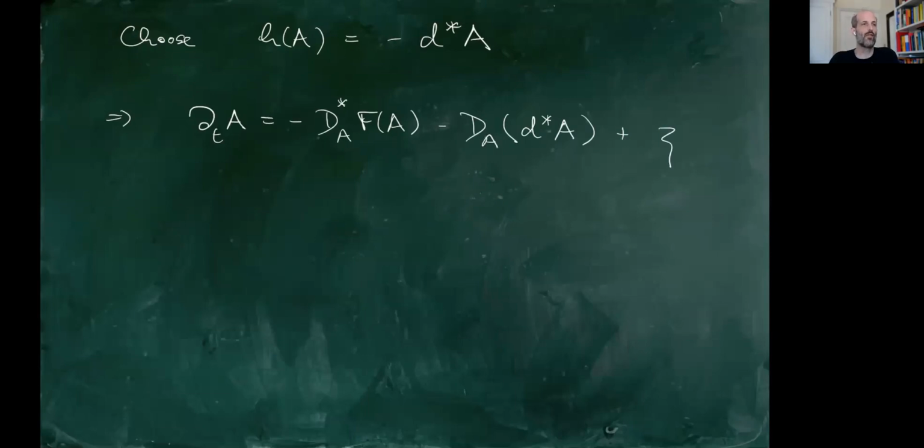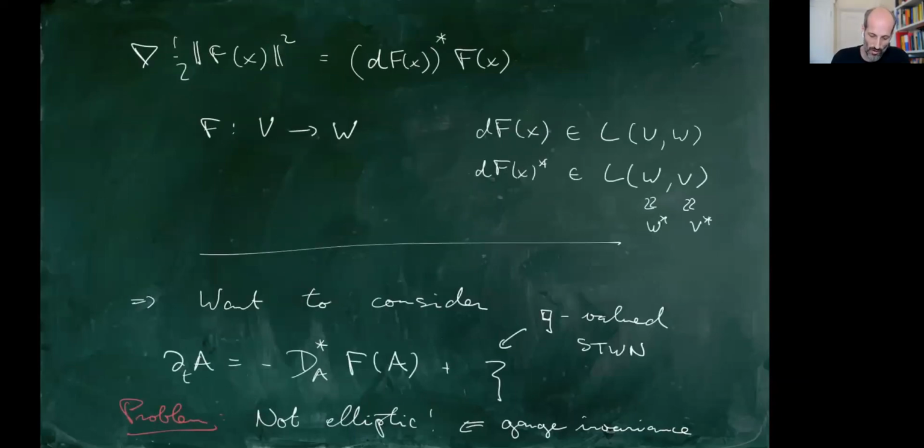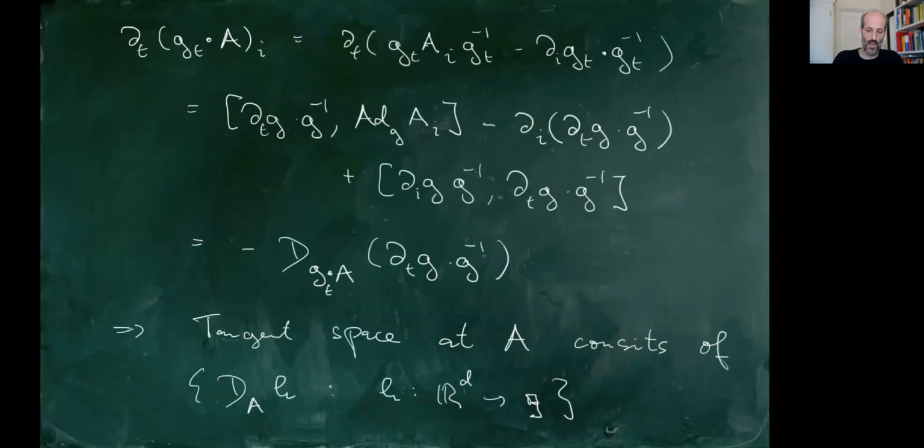At least formally, it's equivalent to the previous equation, in the sense that if you had a notion of solution for both equations, you would have a time-dependent gauge transformation that maps the solution of one to the solution of the other. Of course, we don't actually have any notion of solution for that equation because it's not parabolic, and so we simply take this as our starting point.